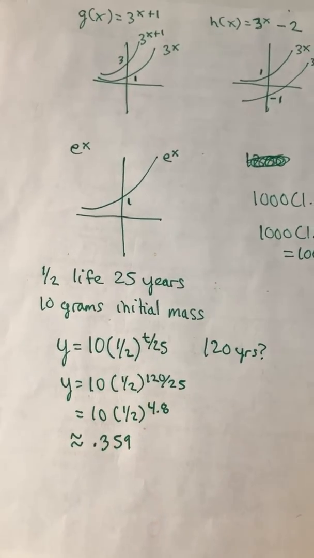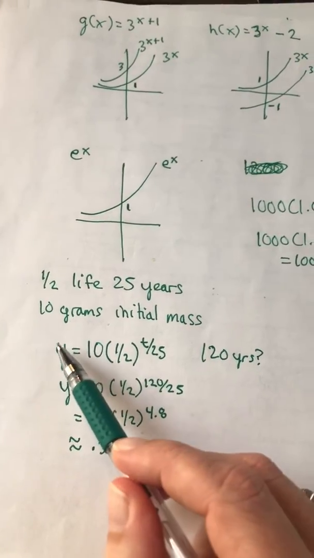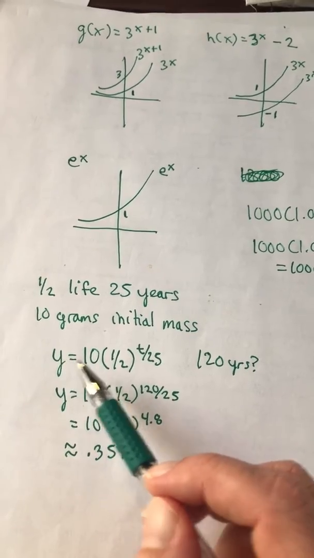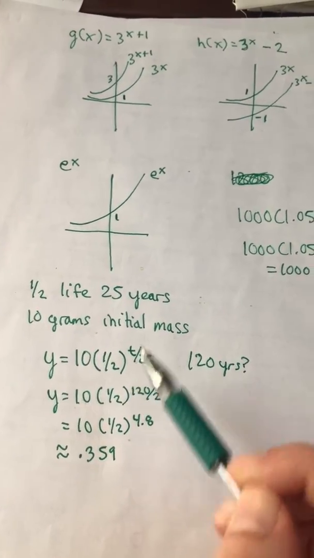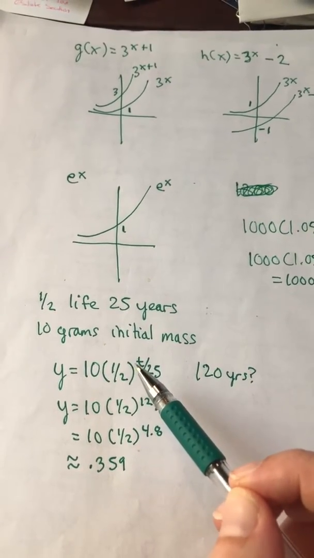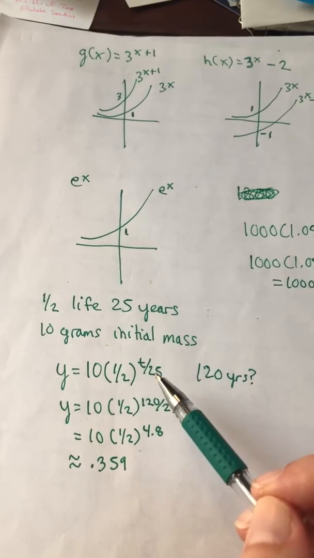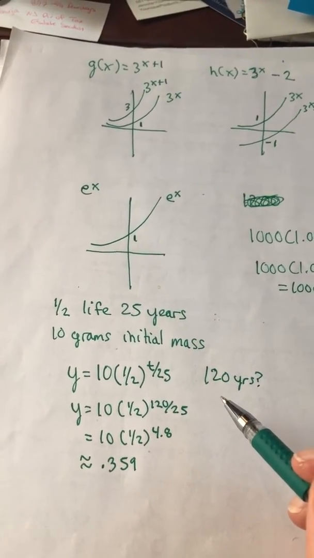They want to know how much mass you'll have after 120 years, given the equation that whatever mass you'll have at the end of 120 years equals 10, your initial mass, times the half-life. And that half-life is to the t over 25, because your half-life is 25 years, whereas here, t is 120 years.